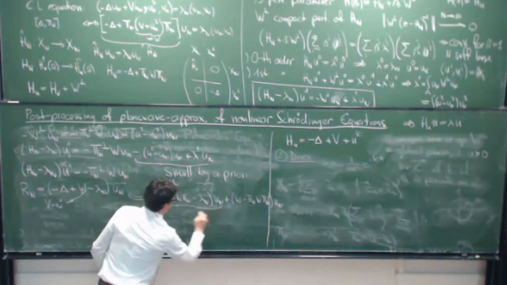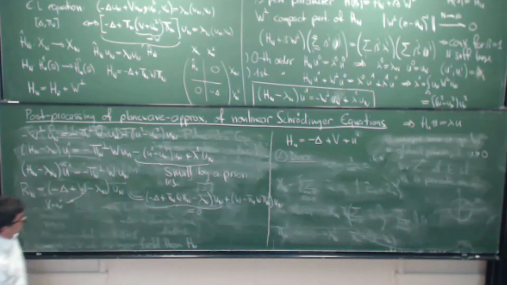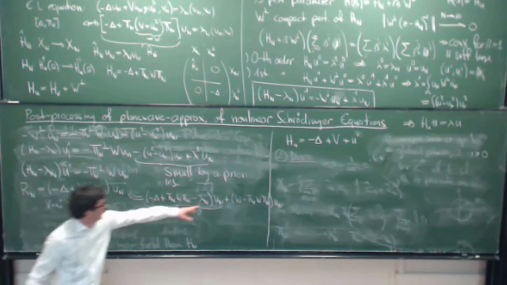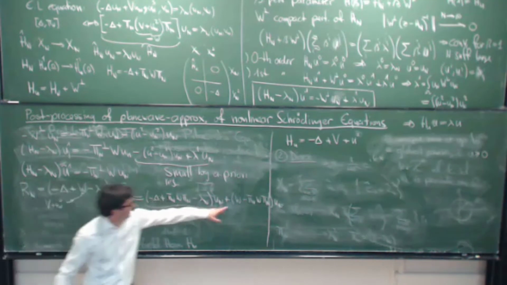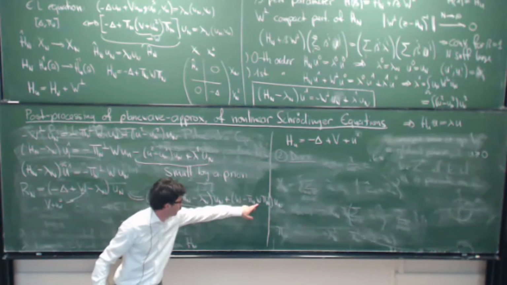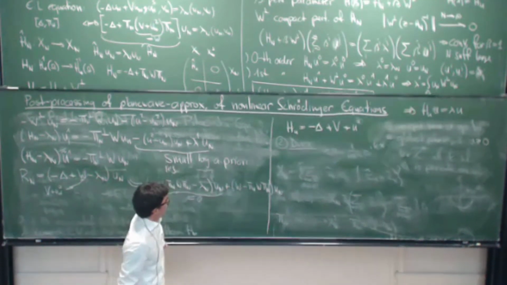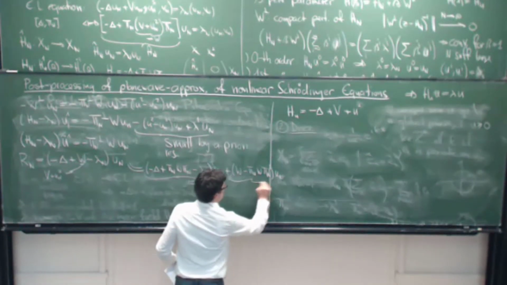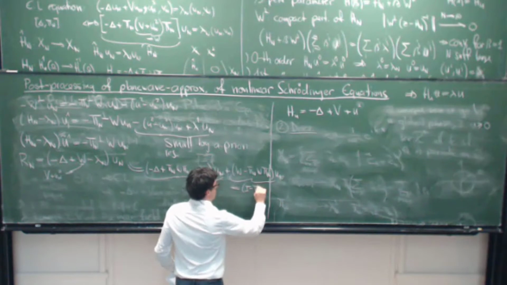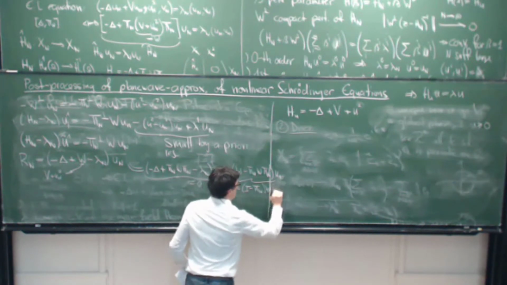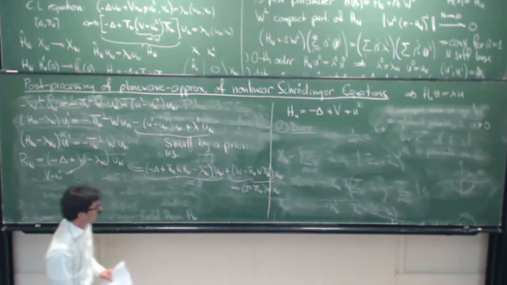Now this first guy is equal to 0 because lambda n and un are exactly the solution of this problem. And you remain with the discretization error and the nonlinearity error, which is combined in here. And this is nothing else than identity minus Pn W un. Okay?